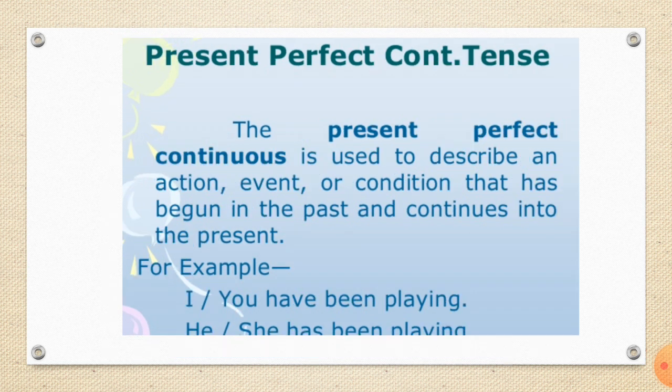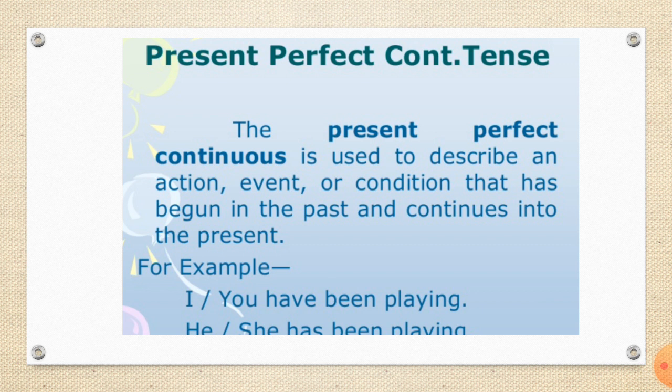Now we will see when to use present perfect continuous tense. The present perfect continuous tense is used to describe an action, event, or condition that has begun in the past and continues into the present. Okay, an action that begins in the past and continuing at the time of speaking.